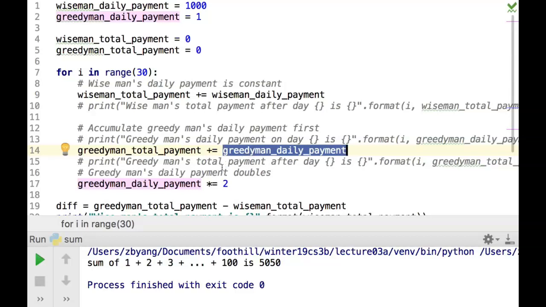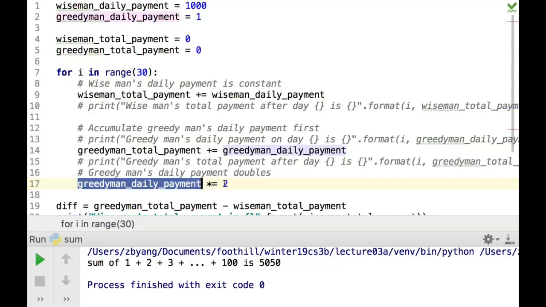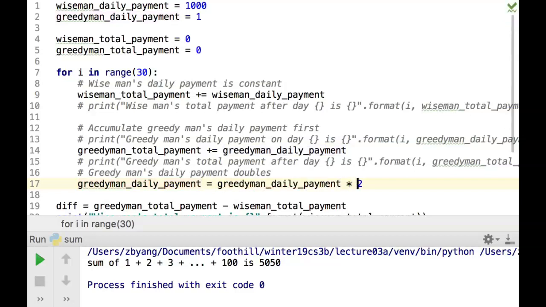The interesting little twist here is the greedy man's daily payment doubles every day. This is a shorthand for that number itself multiplied by 2.